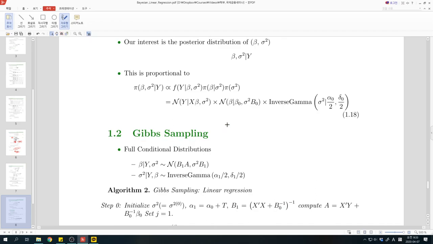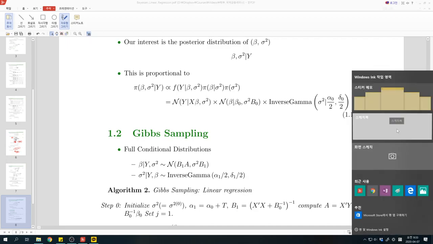So what do I mean by that? Here is another intuition. Suppose you would like to compute the mean of the standard normal distribution.